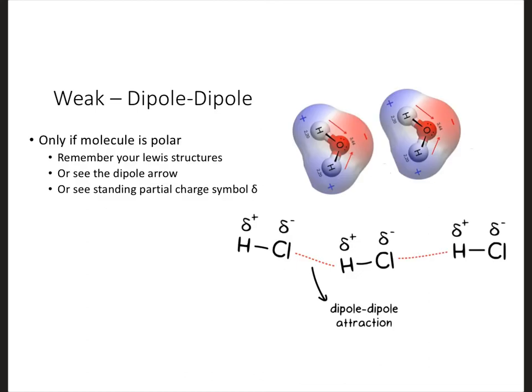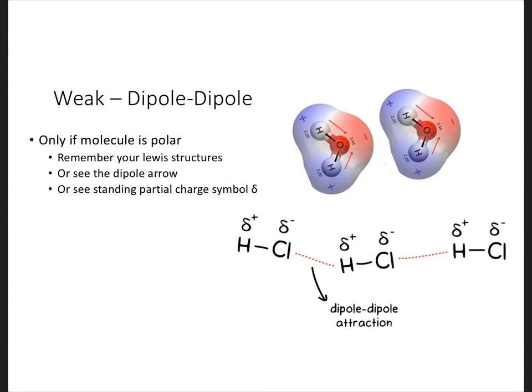Dipole-dipole is just one step up. If you remember that we talked about molecules that are polar, that means they have a standing dipole. They don't have to wait to bump into something to get a dipole temporarily. They have a dipole all the time.